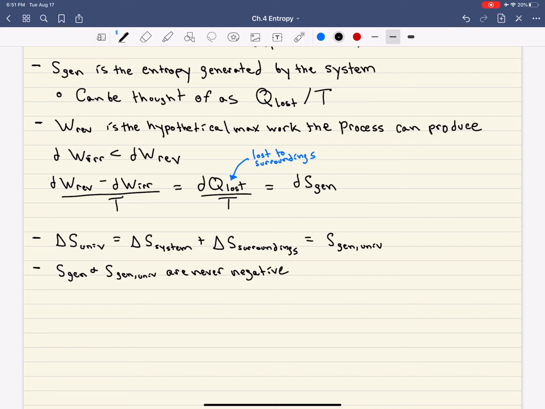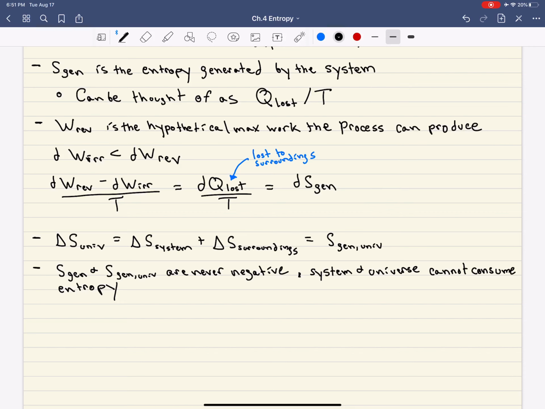Another way to say that is that the system and universe cannot consume entropy. You could either conserve it or you could generate it, but never consume.